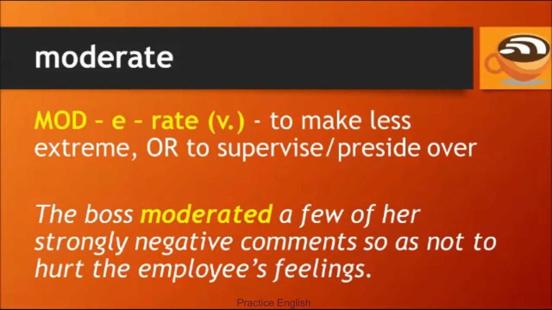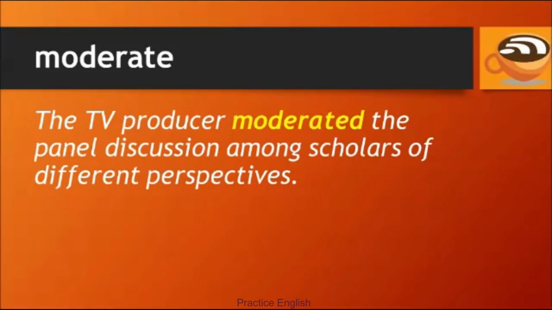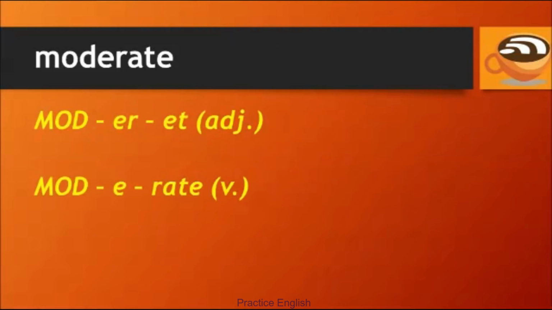For example, the boss moderated a few of her strongly negative comments so as not to hurt the employee's feelings. This means she made her comments less extreme. Here's an example of moderate being used for supervision. The TV producer moderated the panel discussion among scholars of different perspectives. Moderate, moderate.